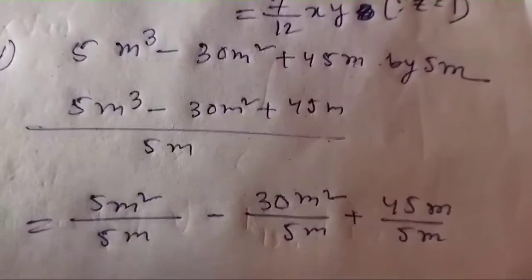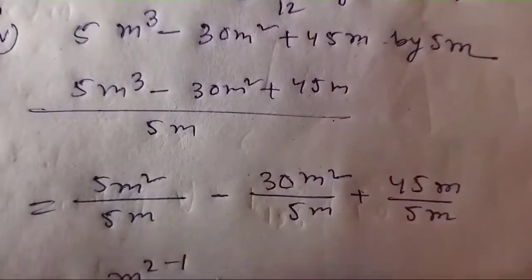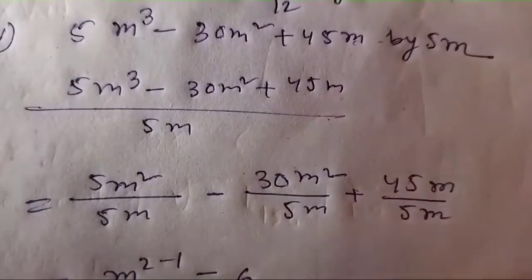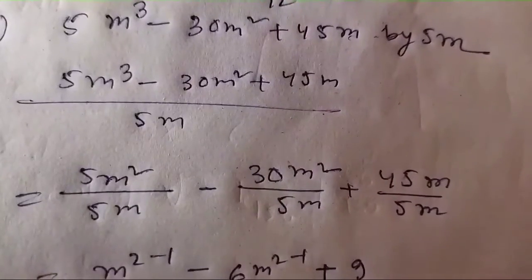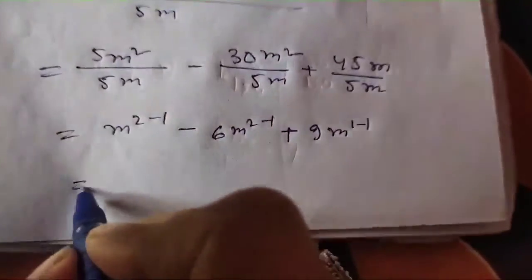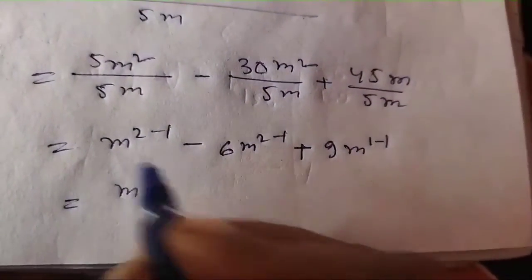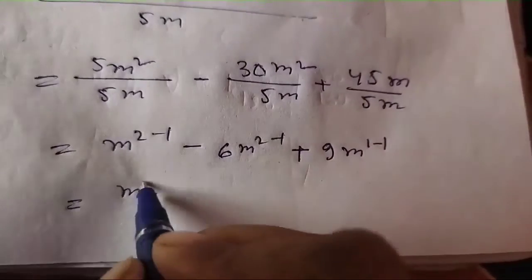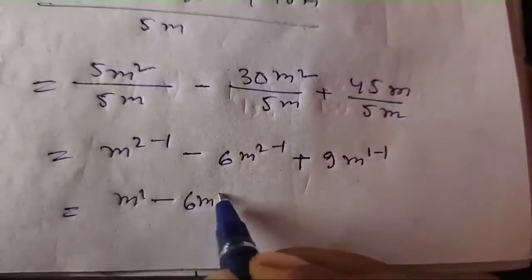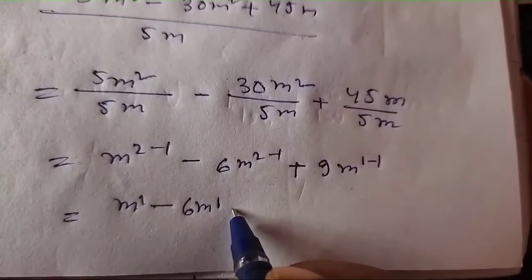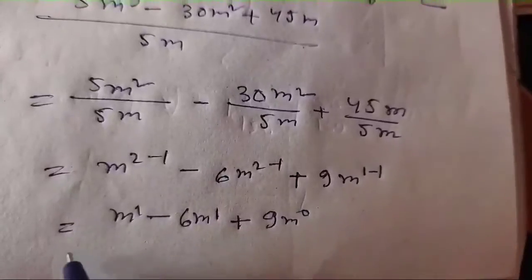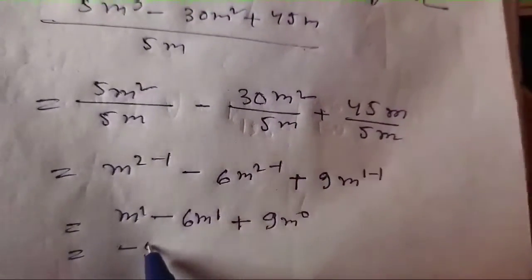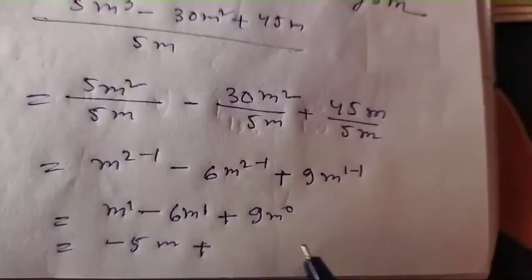Okay. So it will be m to the power 2 minus 1, minus 6 m to the power 2 minus 1, plus 9 m to the power 1 minus 1. So your answer will be m to the power 1 minus 6 m to the power 1 plus 9m to the power 0.